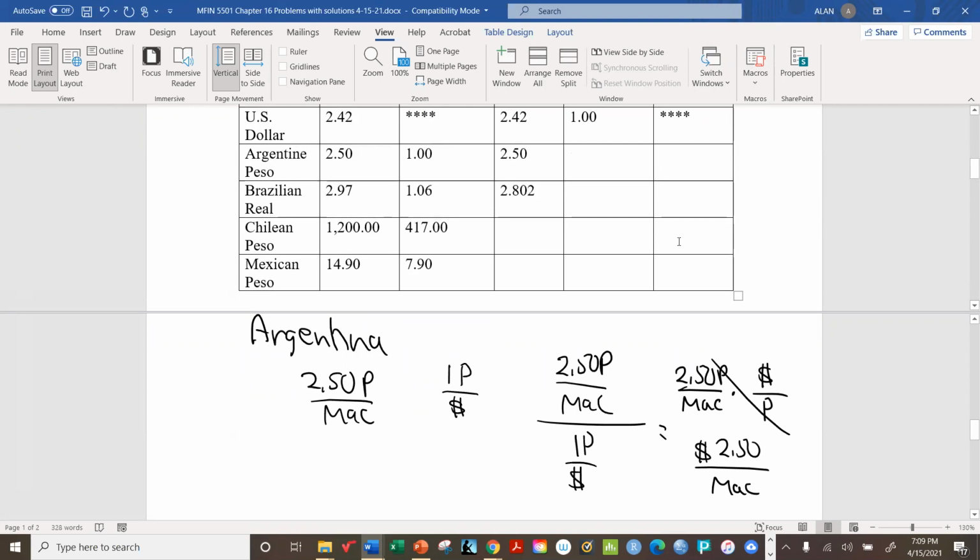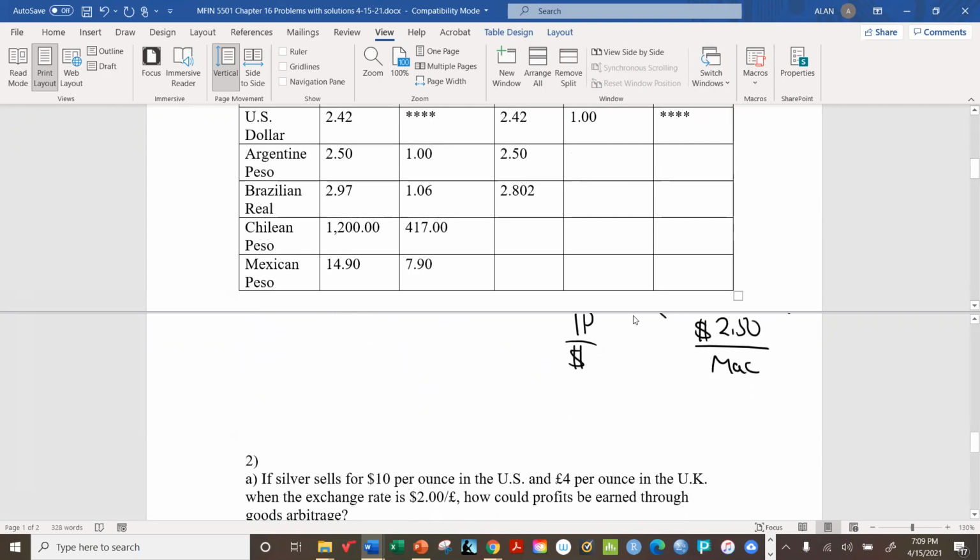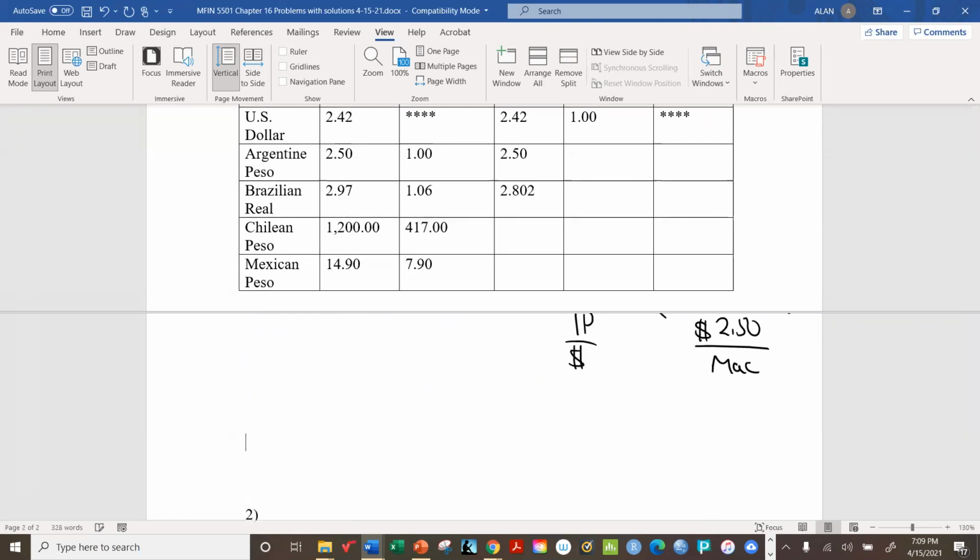All right, now let's look at Chile. What's going on in Chile? We know two things. Number one, it costs 1,200 pesos to buy a Big Mac. And at the same time, that was 417 pesos per dollar.